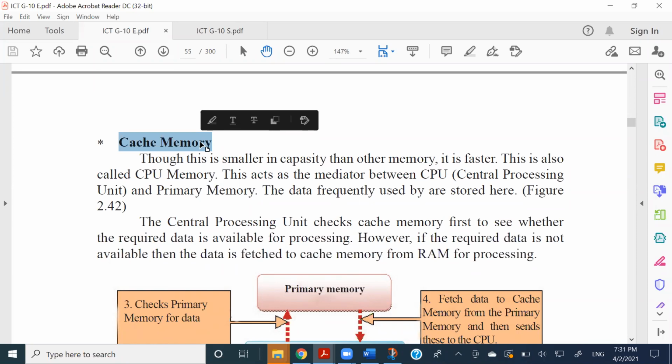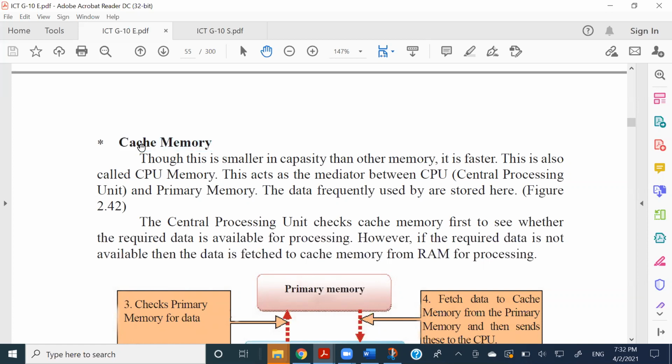Then when you switch on the machine again and run it, cache is going to fill the space, right? So cache is volatile. RAM is volatile, cache is volatile, ROM is non-volatile, right?